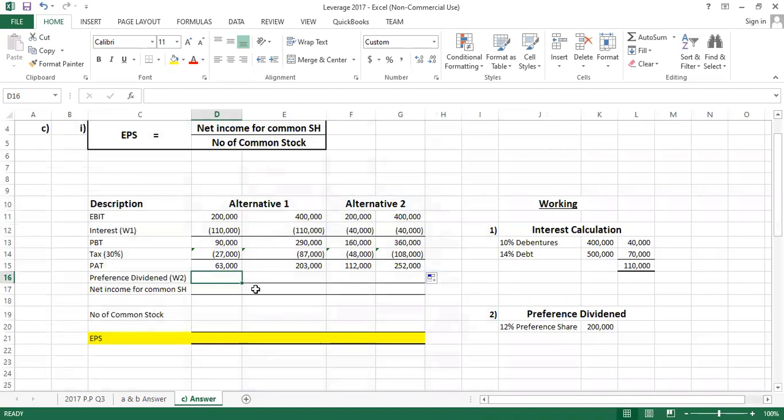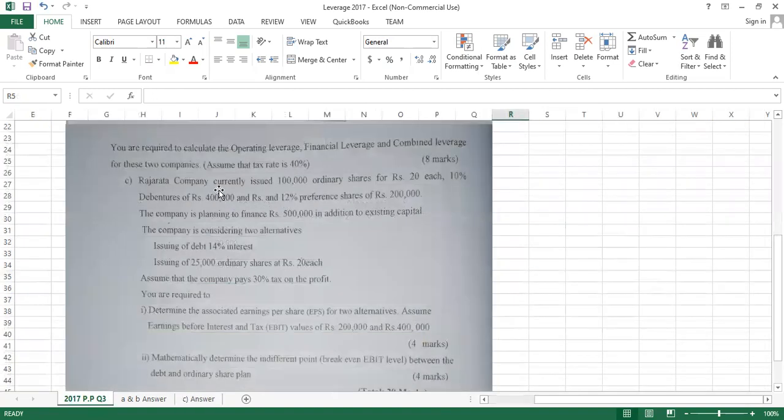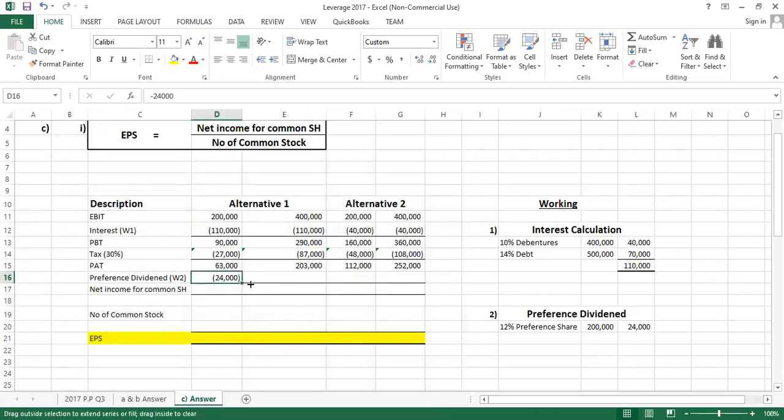So we can calculate the preferred dividend: 200,000 multiplied by 12% equals 24,000. Then less the preferred dividend of 24,000. Alternative 1 and alternative 2 preferred dividends are equal because this is common detail. So the preferred dividend is 24,000. Then less the preferred dividend.